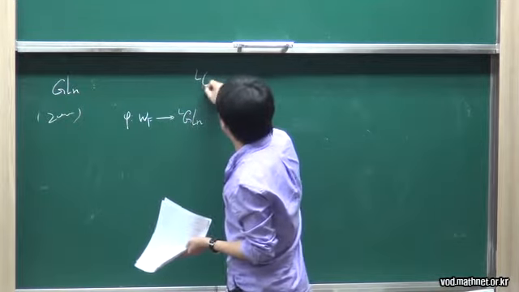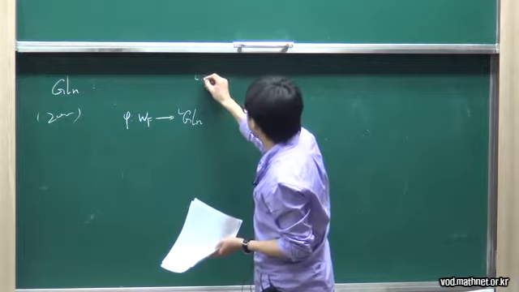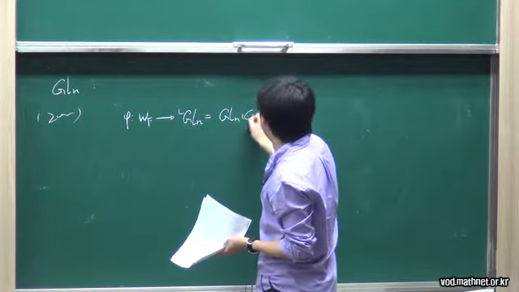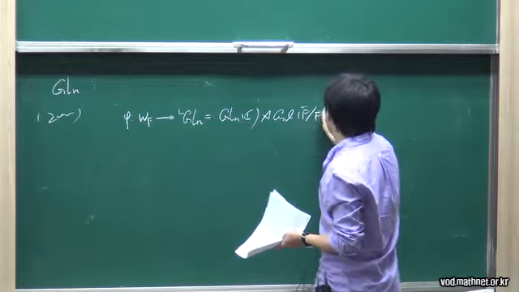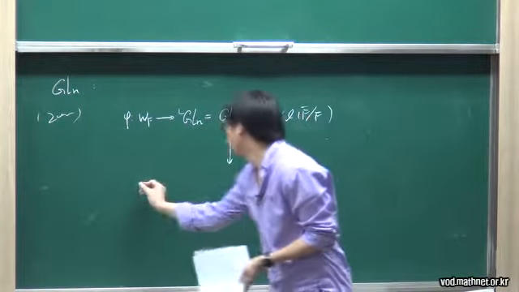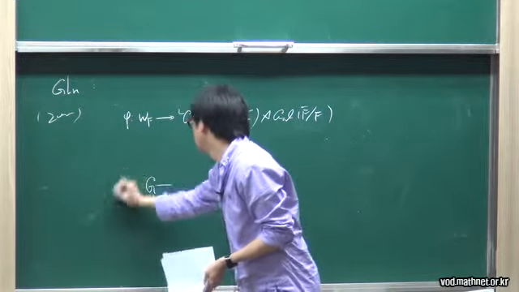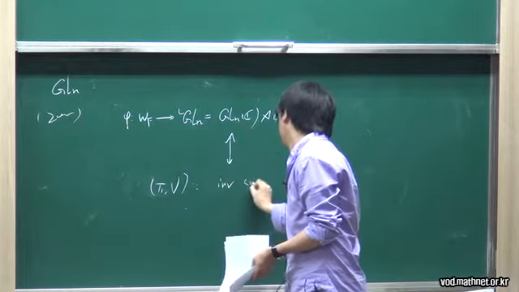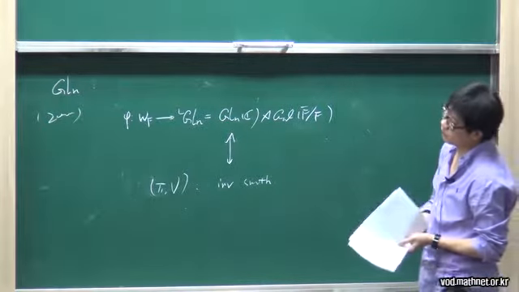In fact, the L group, the Langlands dual group for GLN, is GLN over C, tensored by the Galois group. And that corresponds to an irreducible, smooth representation. This is a one-to-one correspondence.